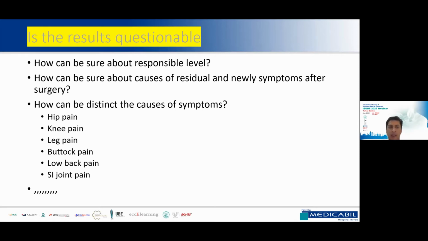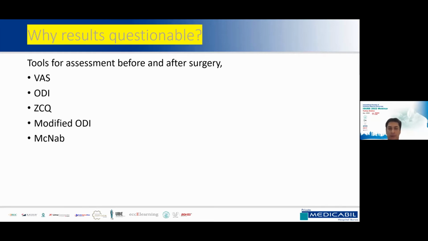Nobody knows. And the other problem is how to distinguish the causes of symptoms coming from the hip, knee, leg, buttocks, low back, or sacroiliac joints. All of the symptoms can be confused. And the assessment tools are also mostly similar.